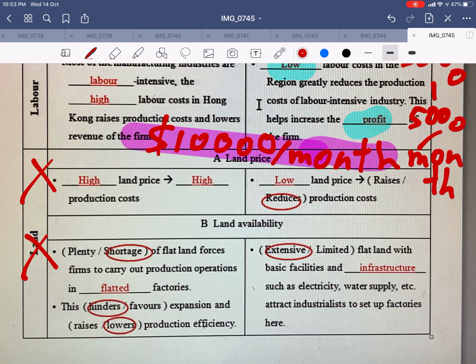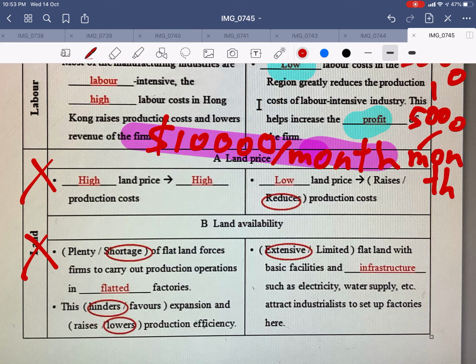Okay, how about the land availability? Shortage of land may force the firm to carry out production in affected factories. This hinders the expansion and lowers the production efficiency. You can think about it. In Hong Kong, actually, we have very little space for development, even in the industrial area, just like the area next to us.